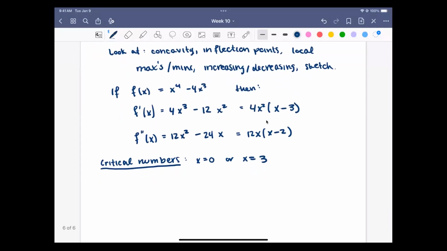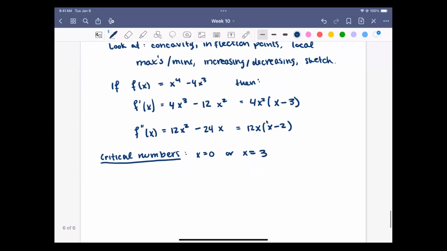Okay, good. So let's take a look at what the concavity is at these 2 points, because we want to know the concavity anyways, and then this will also potentially tell us whether these are a local min or max from the second derivative test.